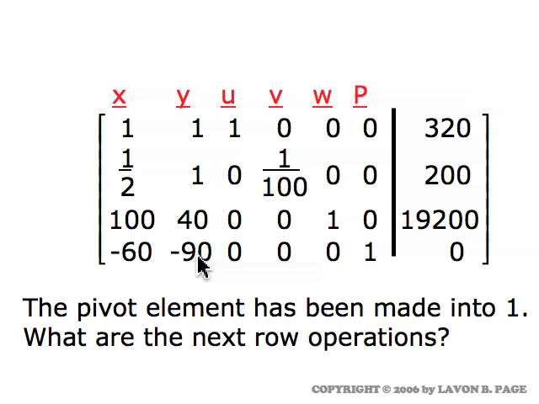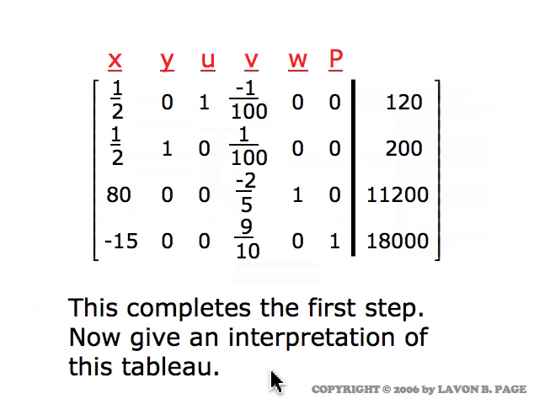The row operations which would do that are row 1 minus row 2, row 3 minus 40 row 2, and row 4 plus 90 row 2. When those three row operations are performed, we arrive at the tableau shown right here. We have finished putting that column into unit form, and so we've completed our first step.